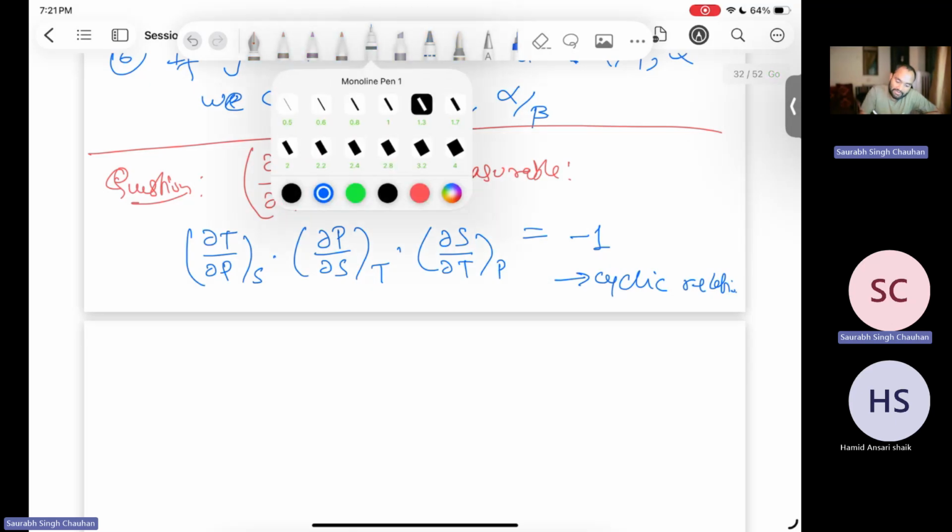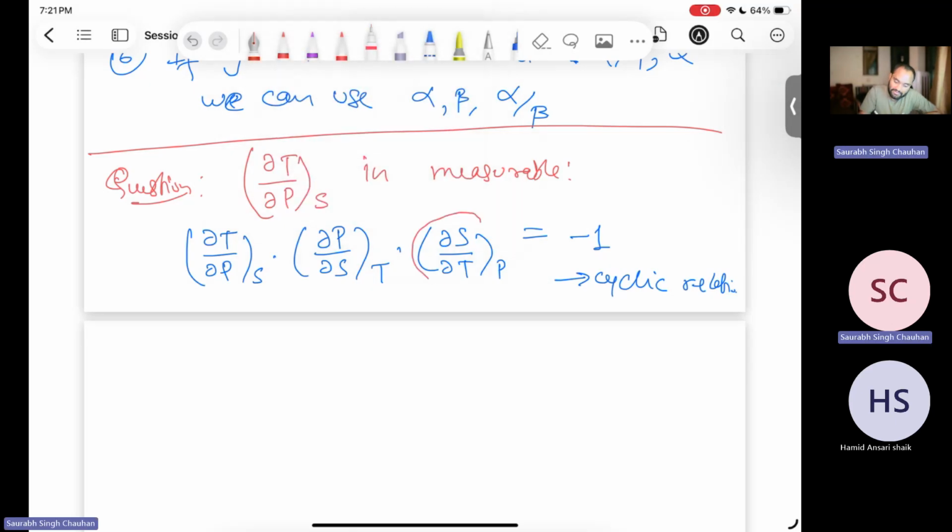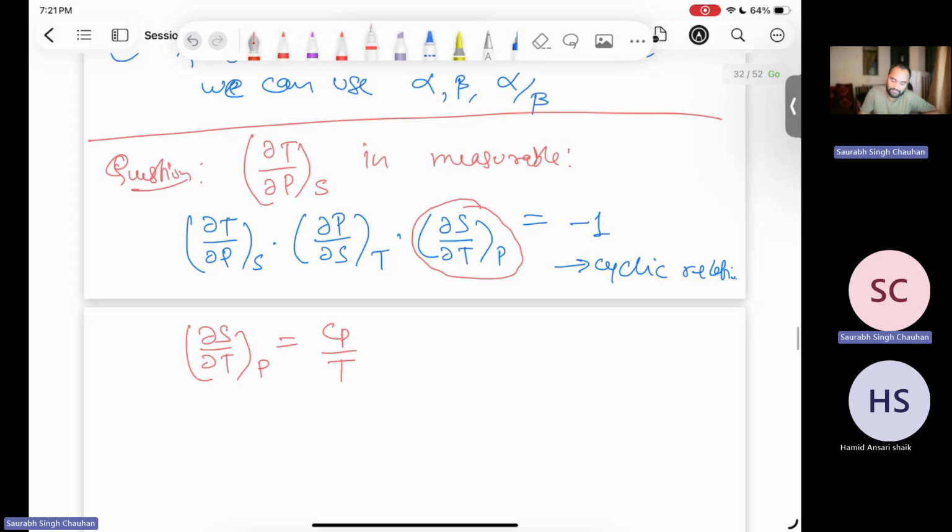And this particular term, del S by del T at constant pressure, is related to Cp. Cp was T times del S by del T at constant pressure, so you can write it in terms of Cp by T. So we have this first equation, and we have this second equation.